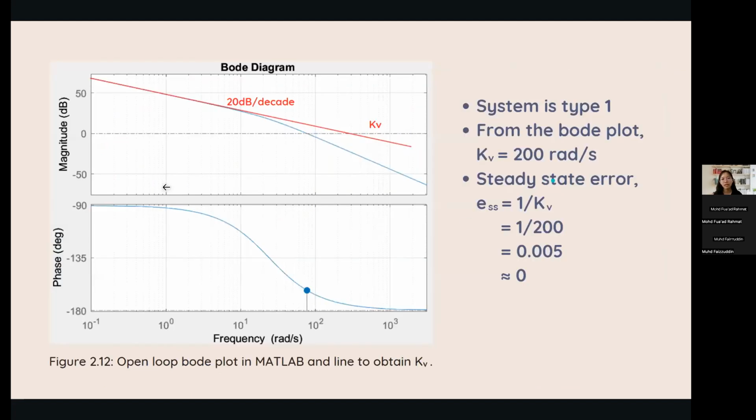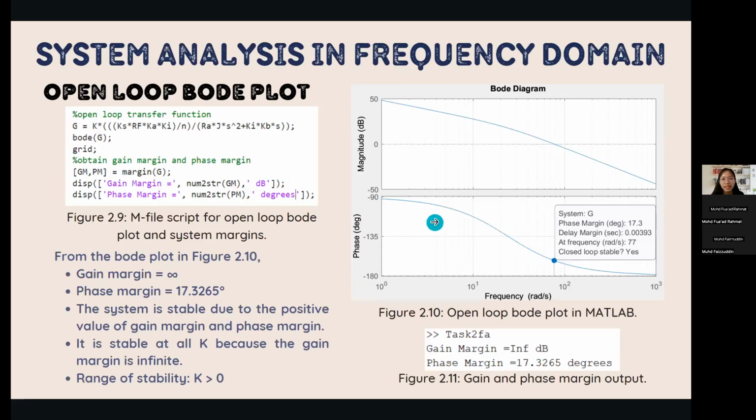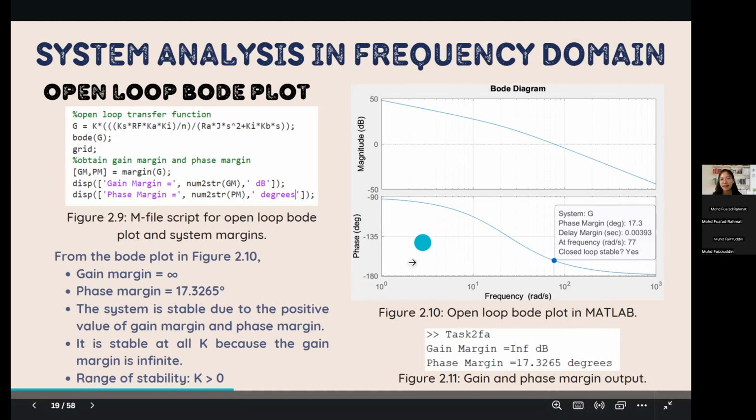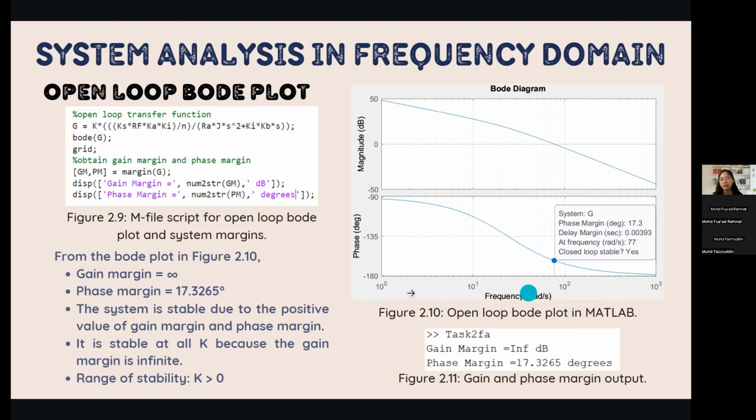What is the value of the gain crossover frequency? The gain crossover frequency, it's at infinity because the phase plot never reaches -180. Oh, it's 17.3 radian per second there, when the gain curve crosses 0 dB.